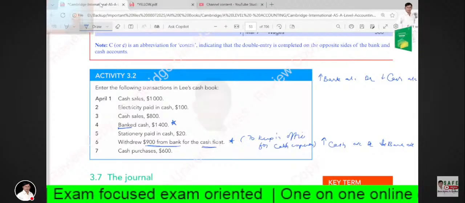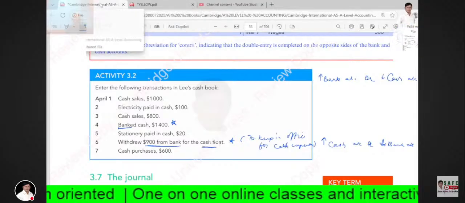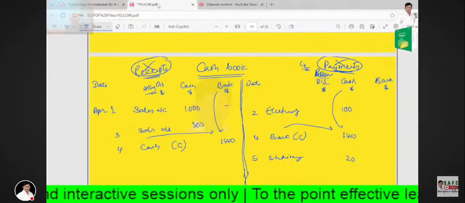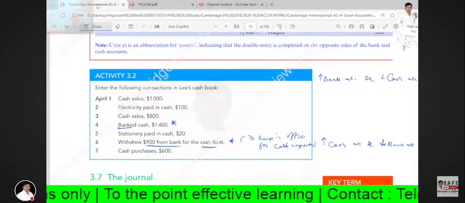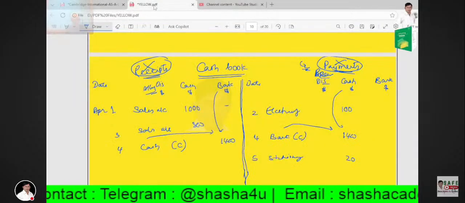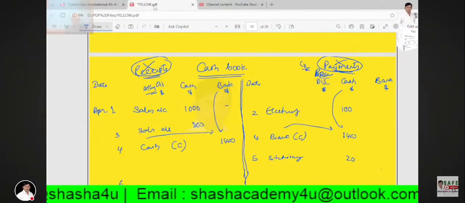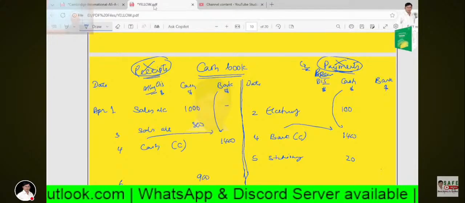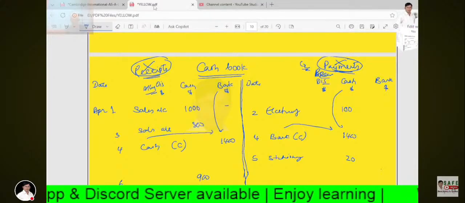Money will go out from the bank and come into cash. How much? 900. On 6th, what is happening? Money is coming in cash and going out from bank.